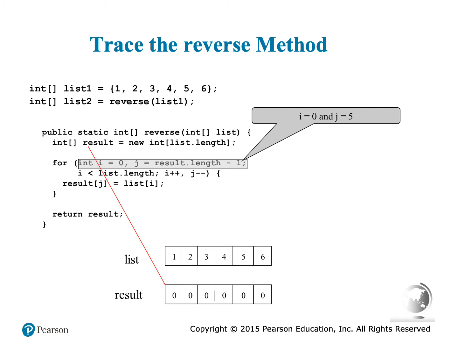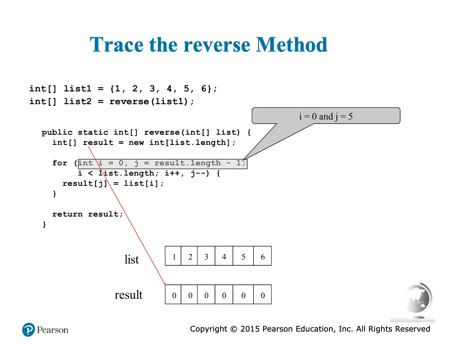Okay, here is why we increment i and decrement j. In order to store the reverse of a list in result, we need to put the value of the first element in list into the last element of result. Then we need to put the value of the second element of list into the second to last element of result. So we start at list sub 0 and assign that value to result sub 5.